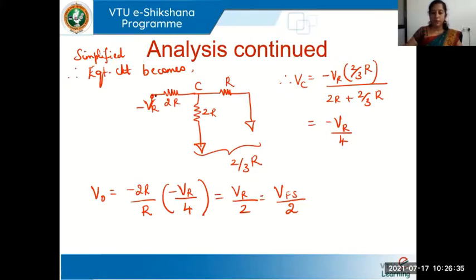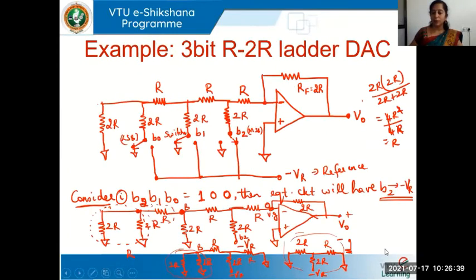So if I try to write the equivalent of that, I'm just rewriting this circuit. What I have here, I'm just trying to rewrite. I'll consider this 2R here where I'm giving the supply of minus VR and I have a 2R connected to ground and another R connected to ground.